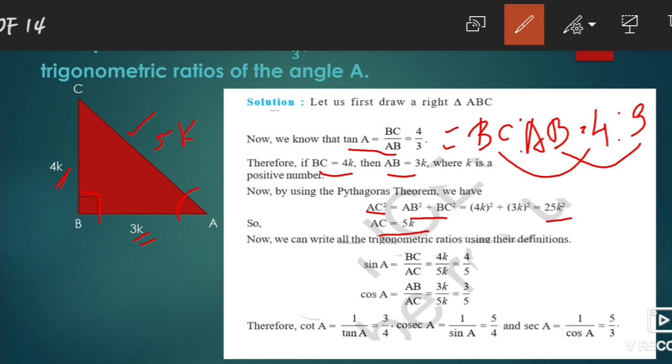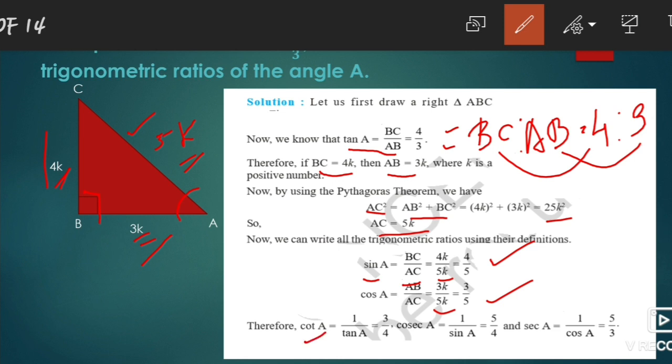Now you have to find sin A. Sin A was opposite side by hypotenuse, that is BC by AC. So that's 4K by 5K, so 4 by 5. Now cos A was adjacent side by hypotenuse, that is 3K by 5K, which is 3 by 5. Now cot was the reciprocal of tan.